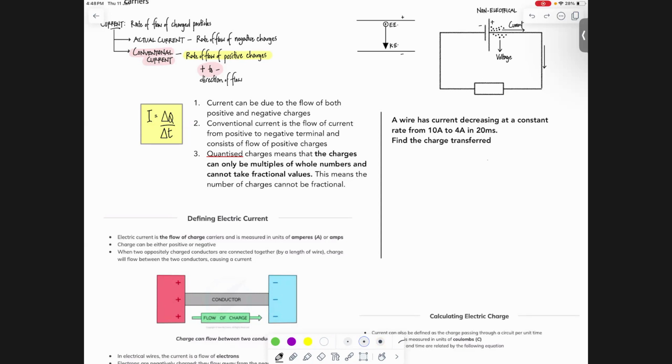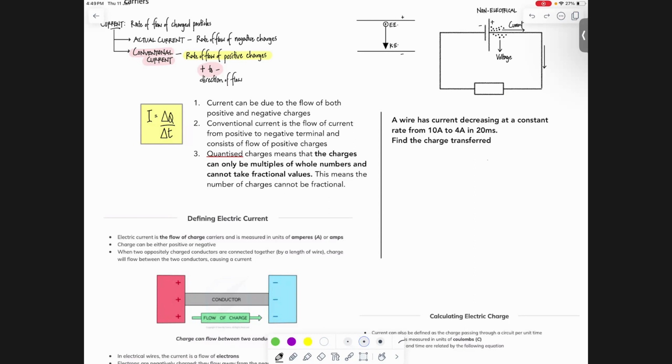0.12. No. Can it be negative? Q equals del IT.